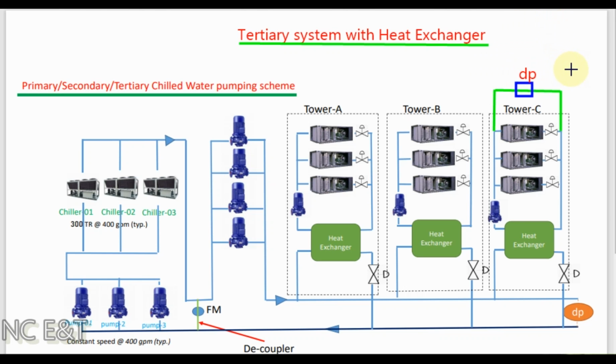And we use a heat exchanger at the interface of the secondary loop and tertiary loop to avoid excessive pressurization in zones which don't need high pressure.